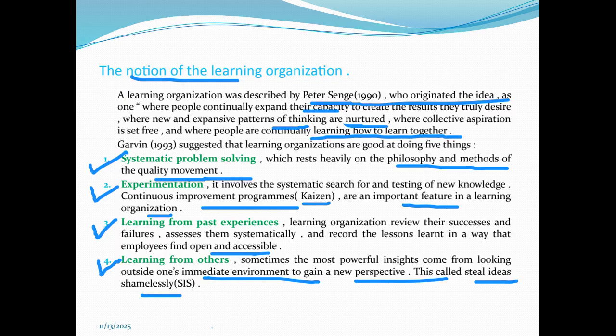The fifth one is transferring knowledge quickly and efficiently through the organization by seconding people with the new expertise or by education and training programs. So education and training programs are at number five, and it is another way of transferring knowledge, but it is put at number five, not first.